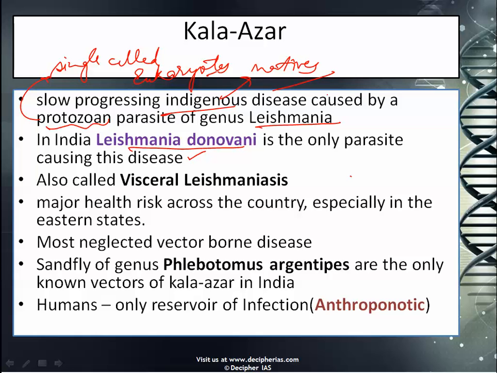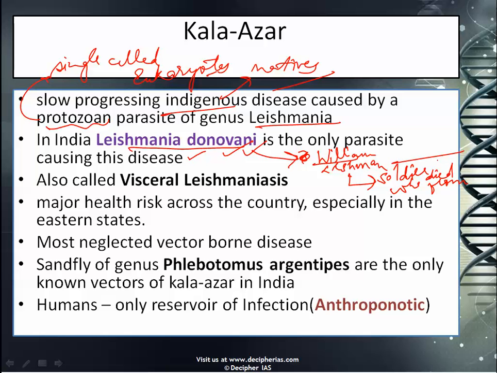Fine. Now Leishmania donovani is the scientific name. It came from two scientists who discovered this parasite. Leishmania was discovered by William Leishman while treating a soldier who died from this disease.